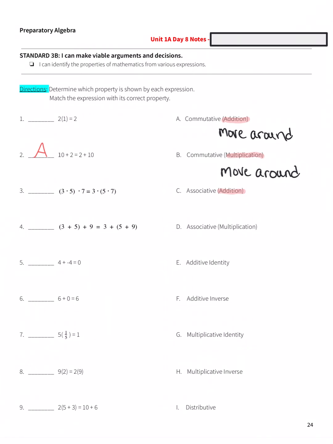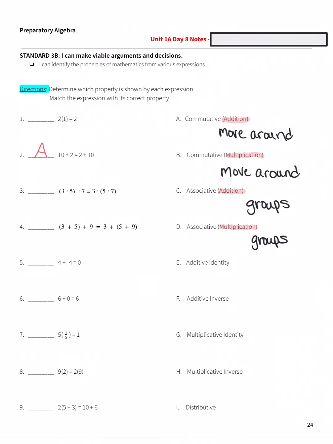Associative refers to the numbers and how they're grouped. So your groups of integers. And then you have the same thing here. You have the associative property, but this time it's multiplication. Associative, you are looking at how the numbers are grouped, so groups.